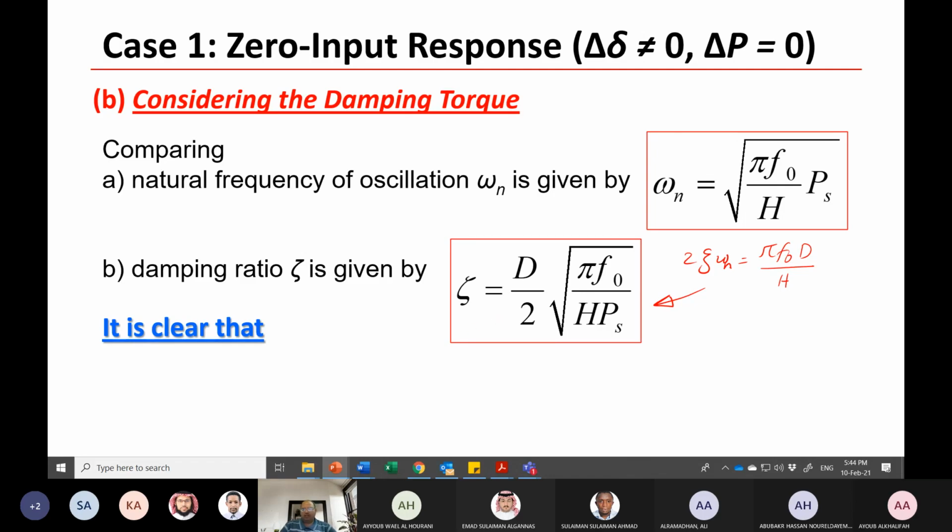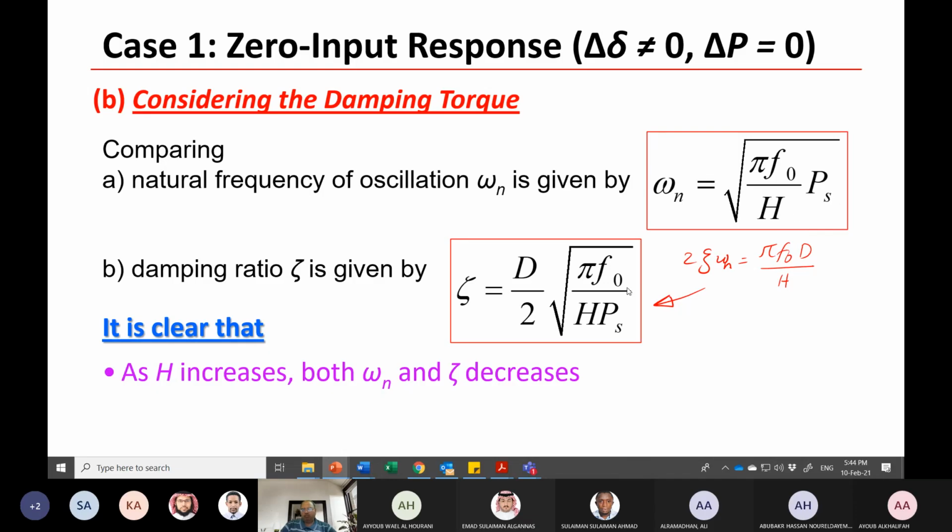But now let us study H. As H increases, omega n and zeta also decrease.